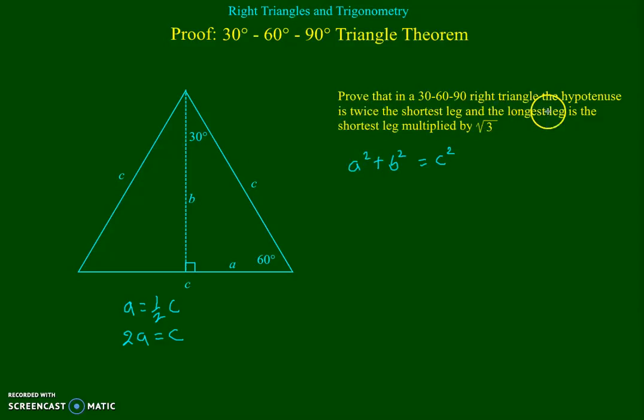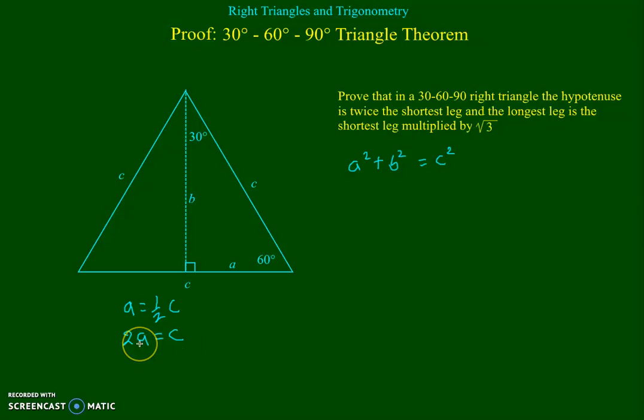That's this piece. Now all we have to do is prove that the longest leg is the shorter leg multiplied by the square root of 3. So since we need to relate this shorter leg and the longer leg, I'm going to replace this C value with what we just determined it was in relation to the shortest leg.